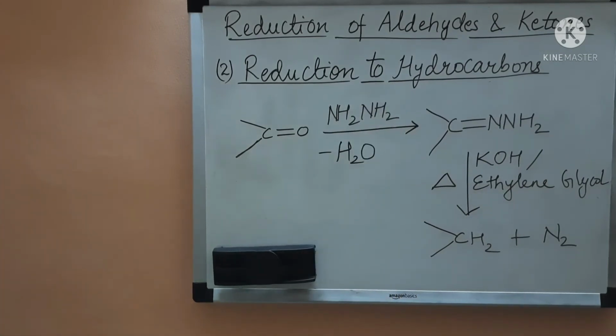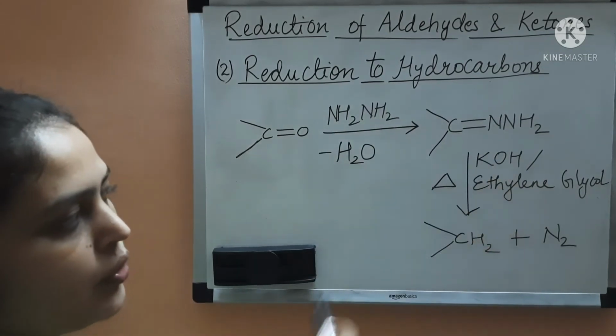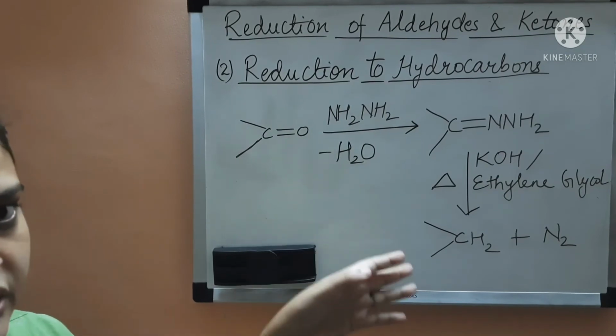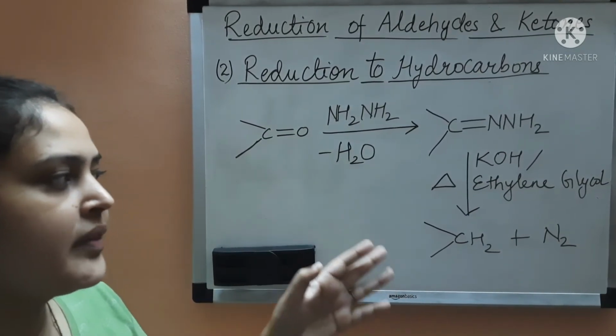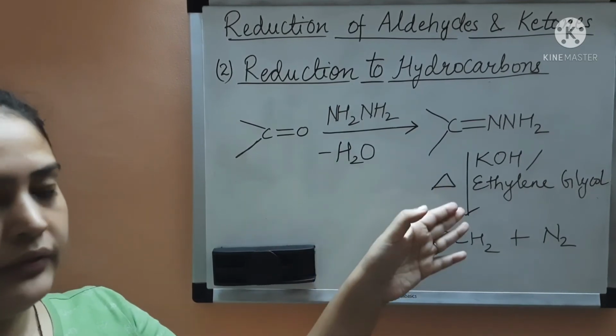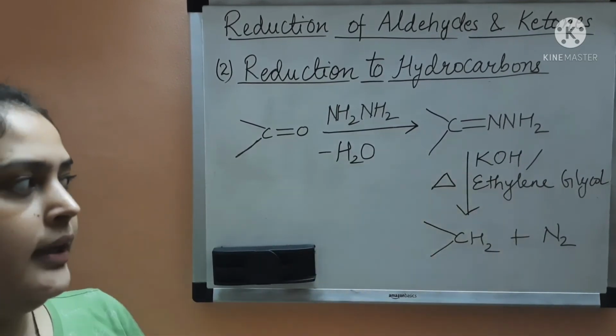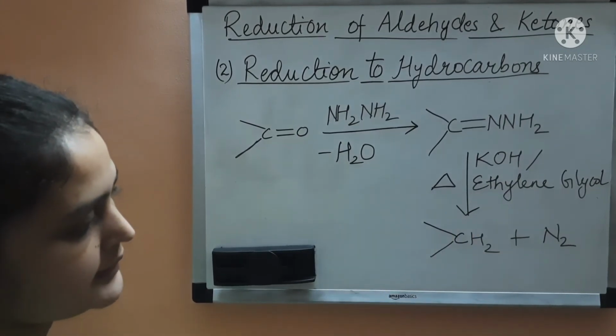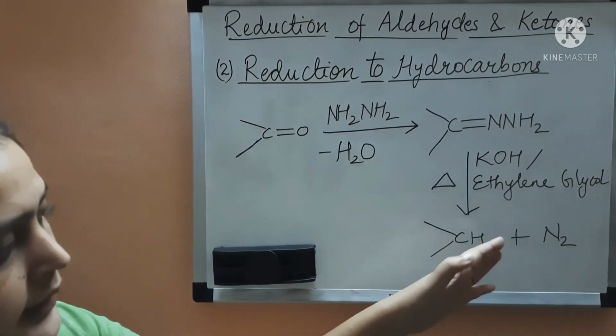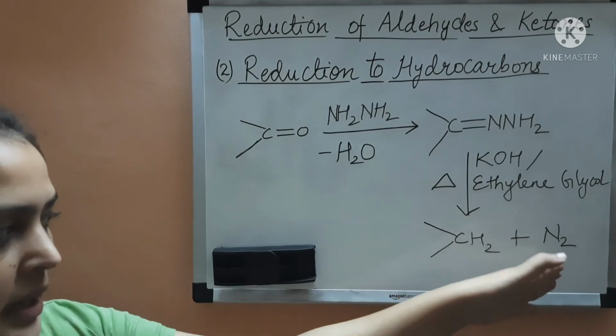Then what will happen, if you add KOH, that is potassium hydroxide, or sodium hydroxide in the presence of a solvent like ethylene glycol and heat it, then you will get your hydrocarbon as the product and N2, nitrogen, as the byproduct.